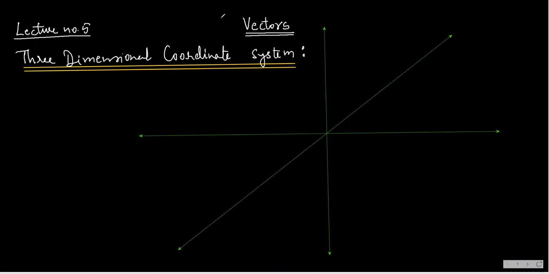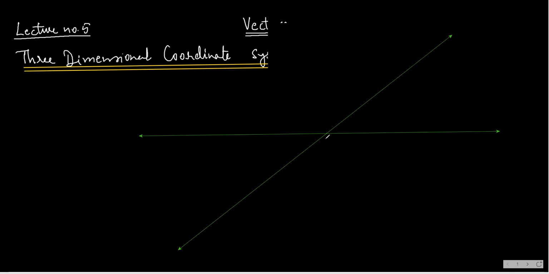To make you understand that, I will first remove the third axis. Let me remove this third axis. Now you will understand. The two axes which are left now define the plane of the page.